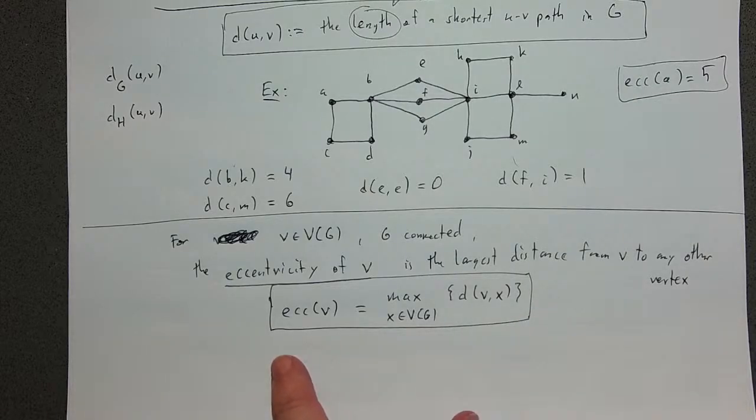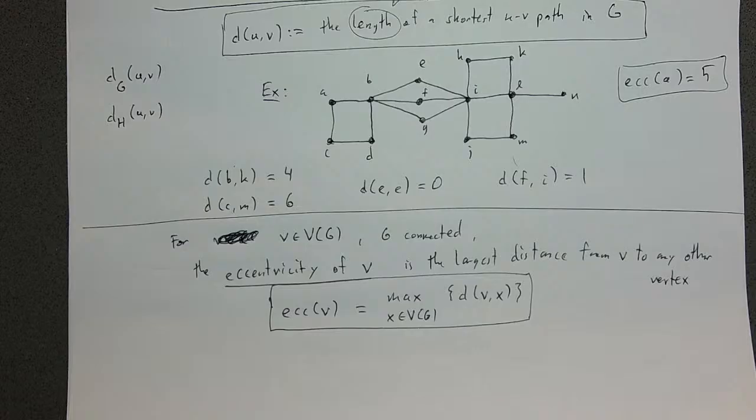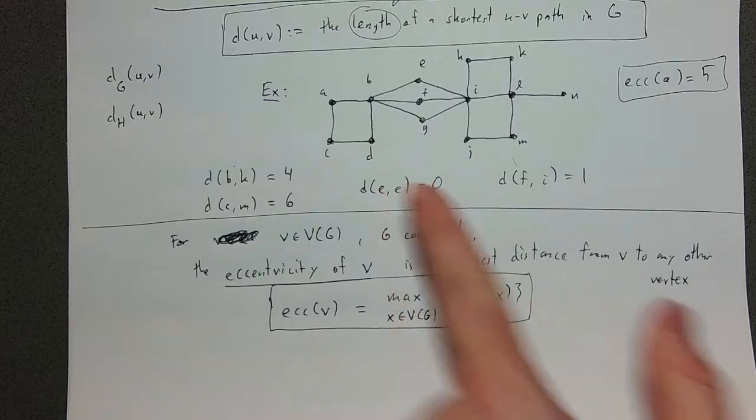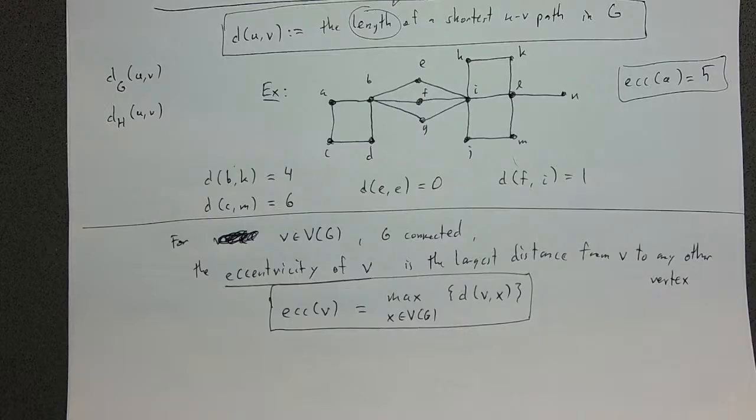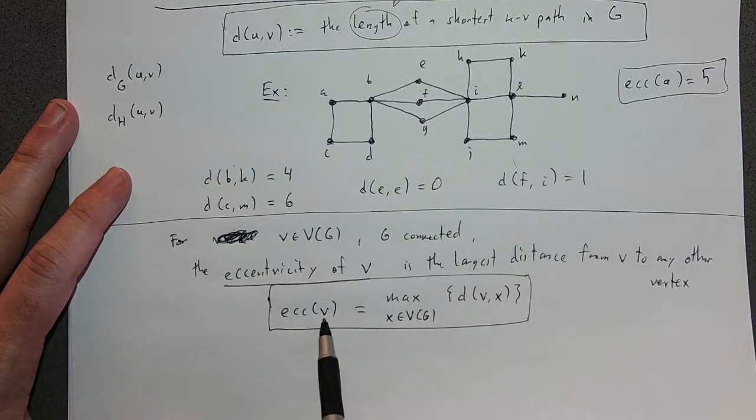we're going to have multiple things that we use the eccentricity to define. We are going to talk about the smallest, largest distance from a particular vertex. The thing to focus on with eccentricity is that it is taking in as an argument a vertex, right?